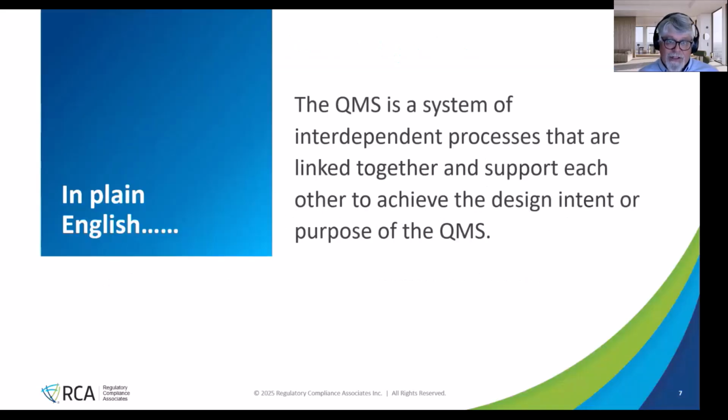In plain old English, the quality management system is a system of interdependent processes that are linked together and support each other to achieve design intent or the purpose of the quality management system. And so interdependent processes that are connected together and support each other to achieve the desired intent. By the way, the purpose of the quality management system is the design intent. So just be aware of that.